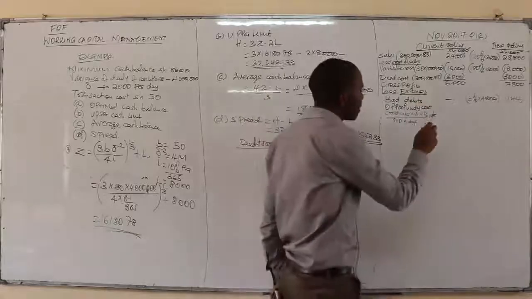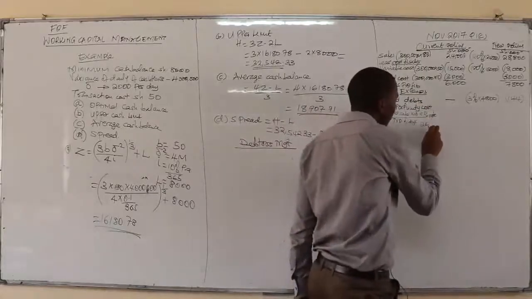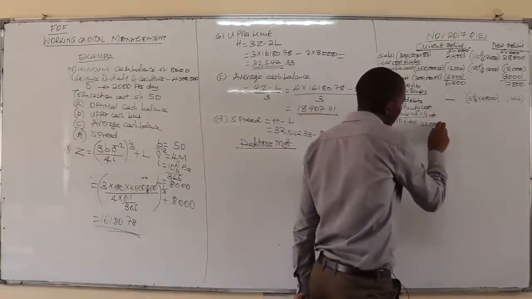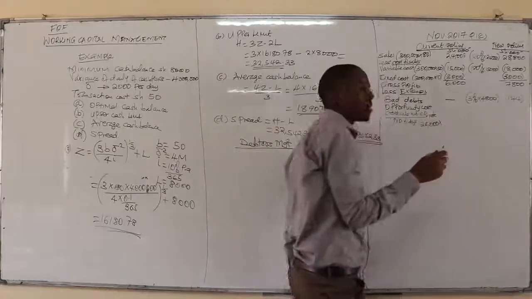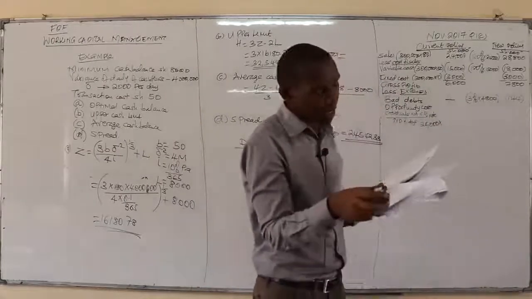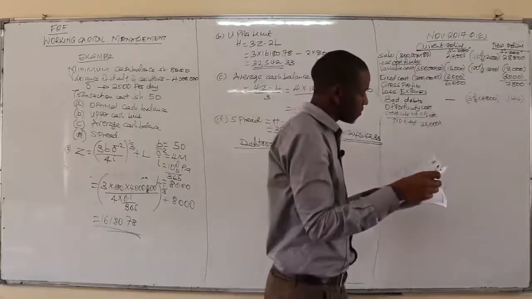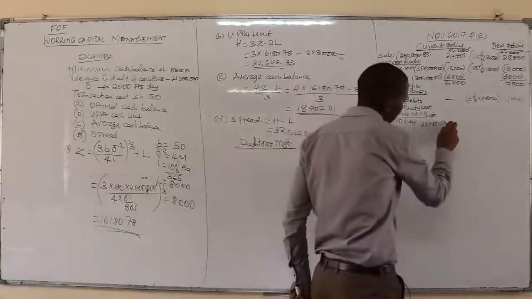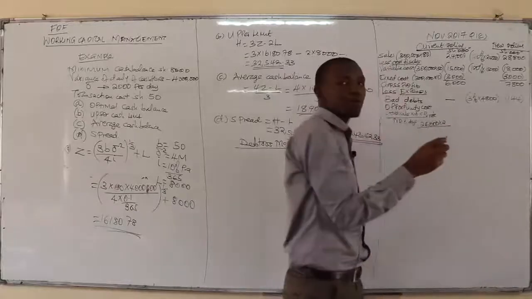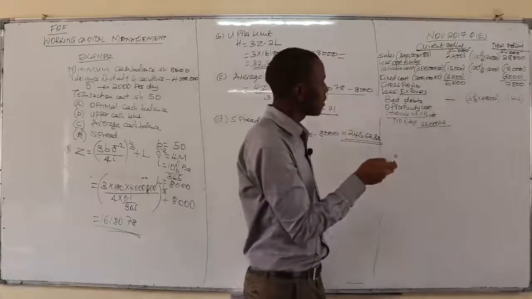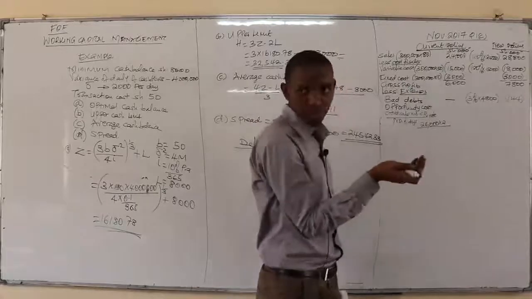So credit sales in our case here, it was 24,000. You multiply by the average collection period. And average collection period was how many months? 2 months. And what is the number of months in a year? Because we are using months, here you will use 2 months. Sawa.